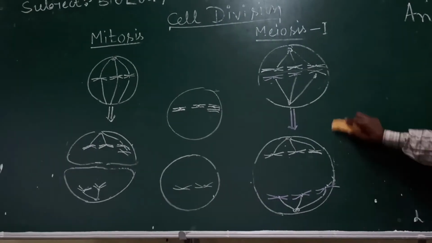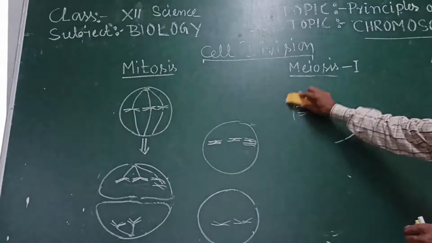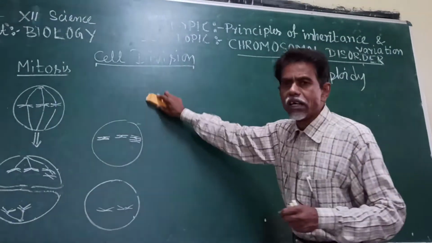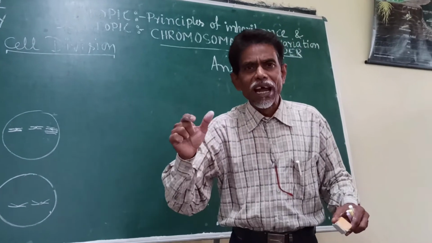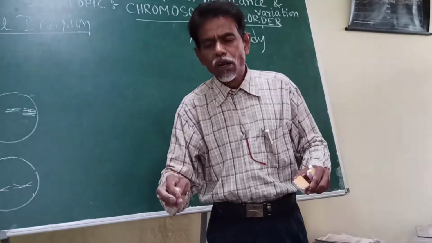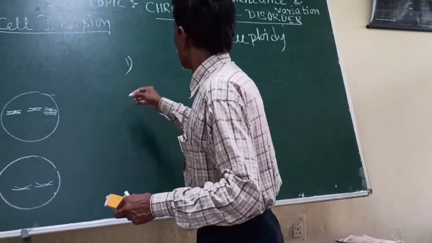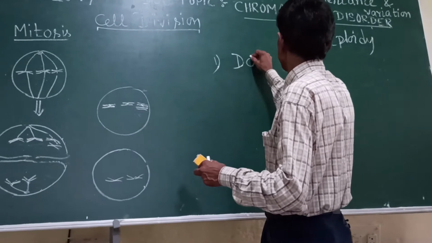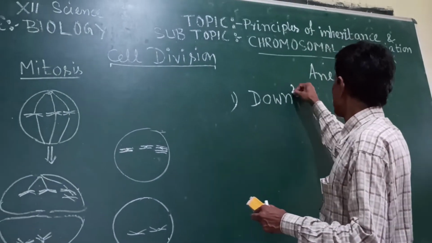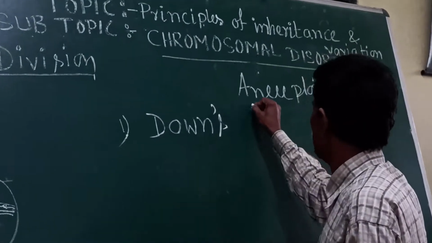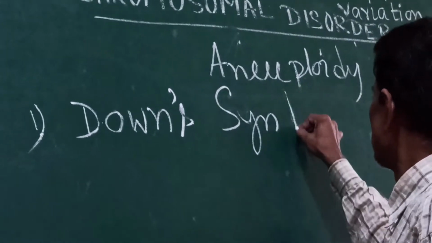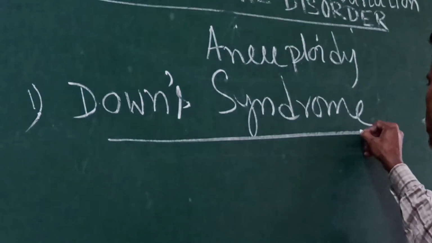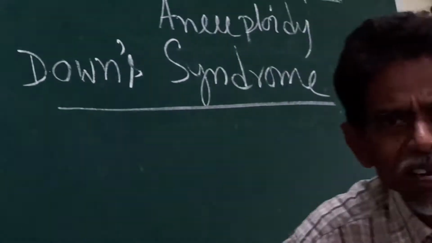Now, this aneuploidy or chromosomal aberration or chromosomal disorder, as per your NCERT syllabus, the 3 main disorders we have given. One is called Down's syndrome. What happens during Down syndrome?